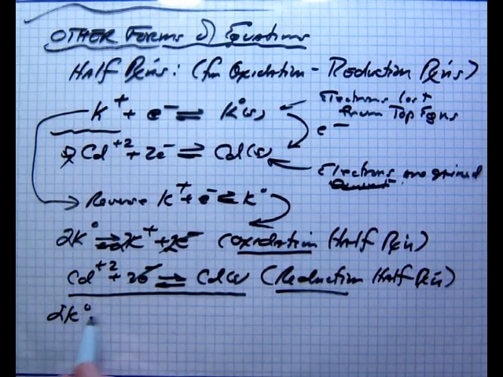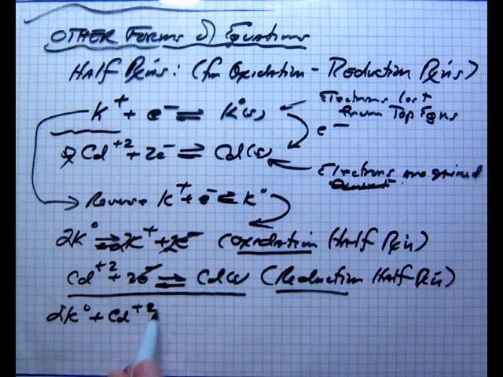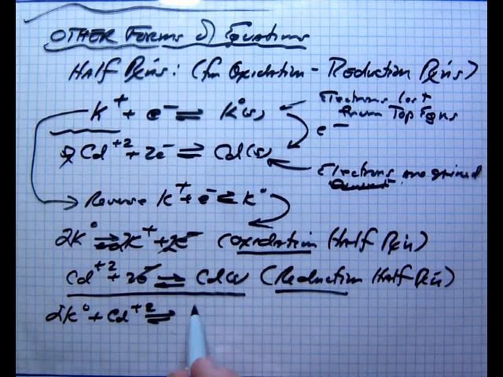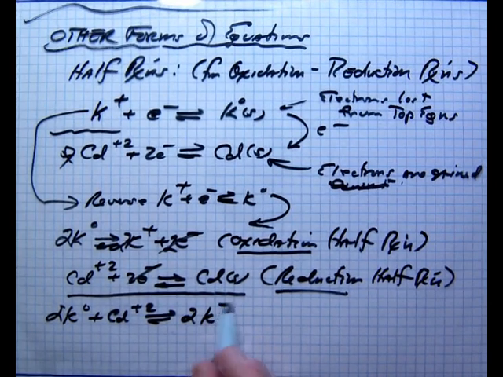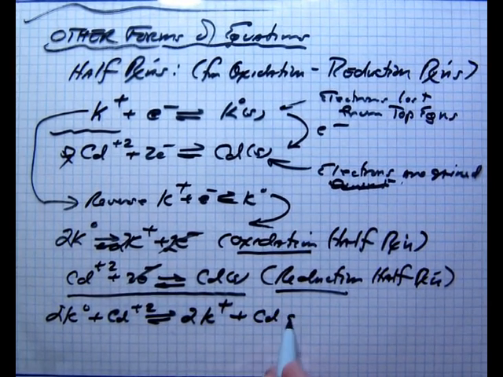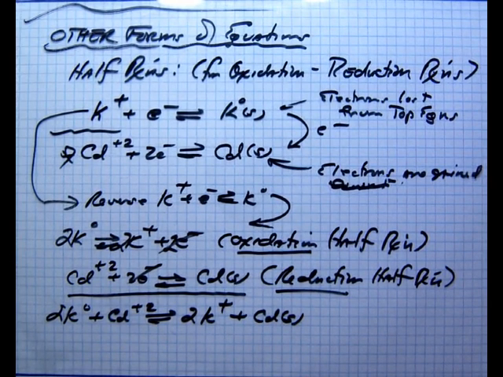Now I can cancel that and add these 2 equations together. 2 potassiums plus a cadmium ion goes to 2 potassium ions plus cadmium solid. That's an oxidation reduction reaction by adding half reactions together.